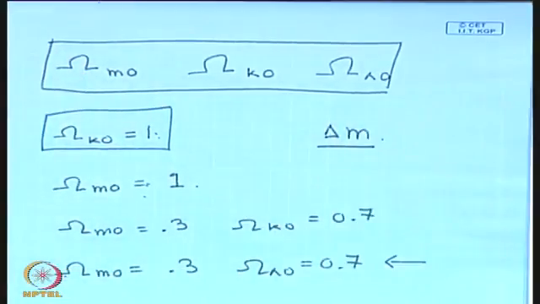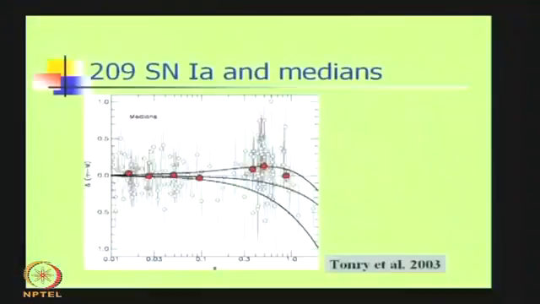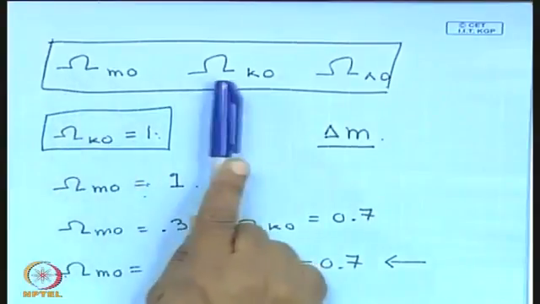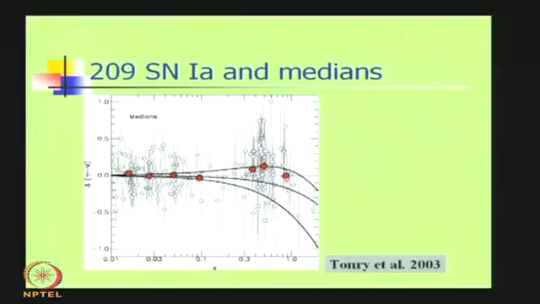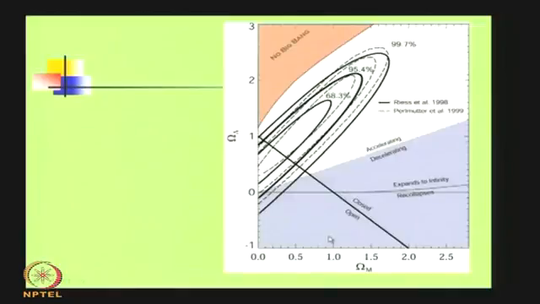You see the Hubble parameter does not come into this picture at all because you are looking at the difference of distance moduli, so the Hubble parameter will cancel out. You are looking at the ratio of distances. So suppose we consider a model with 3 parameters for my cosmology. Then, fitting my model to the data in these observations, I can put constraints on the model parameters.